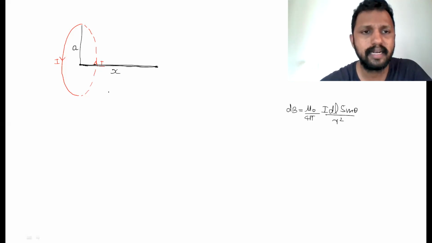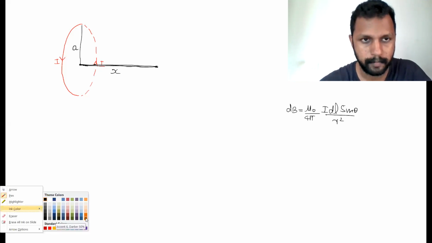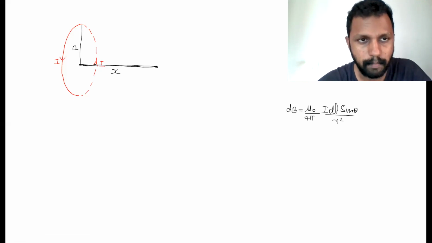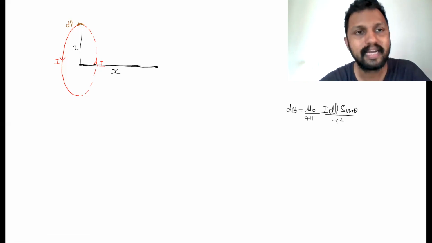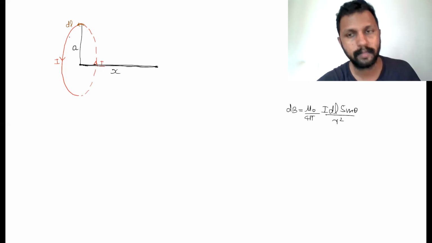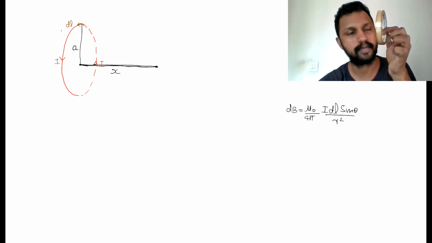Therefore, dl is the small segment of the loop which is in the direction of current. Let's mark a dl at the extreme top portion. This is our dl. Its direction is in the direction of current. But actually, the dl's direction is not like this, since the loop is perpendicular to the ring.